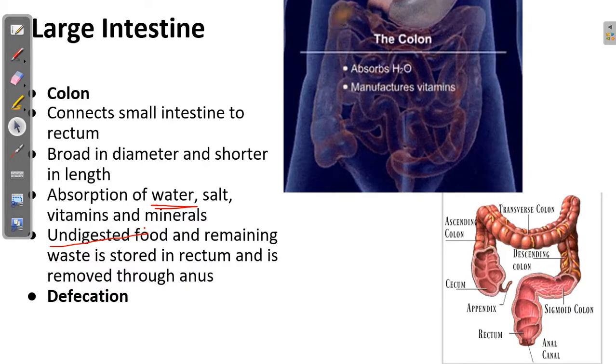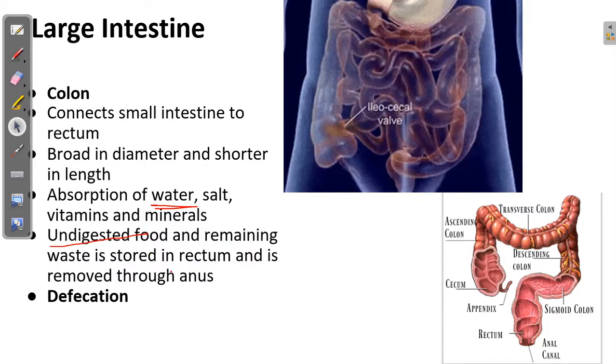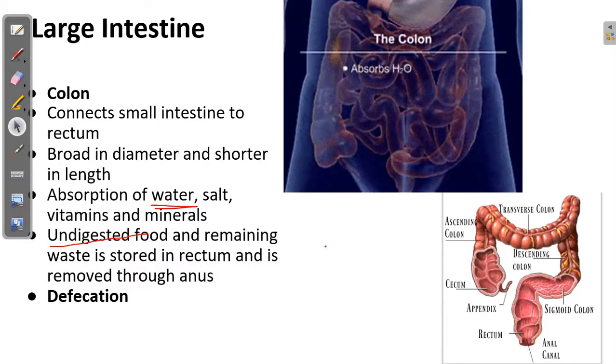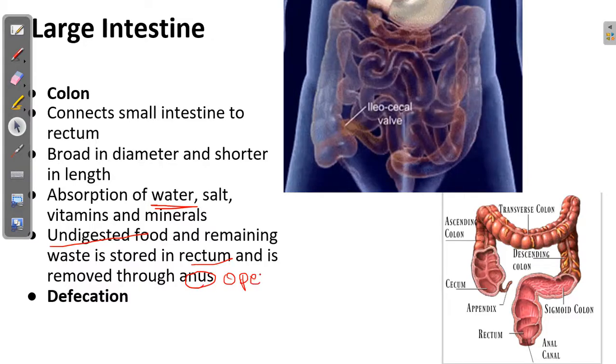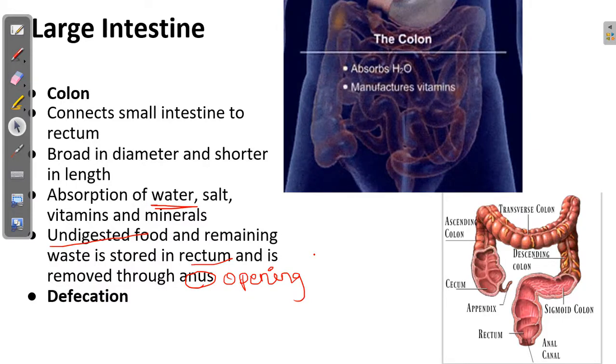So from the large intestine, it is passed into the storage part of the digestive system, that is the rectum, and the rectum is connected to an external opening which will excrete the waste out of your body.